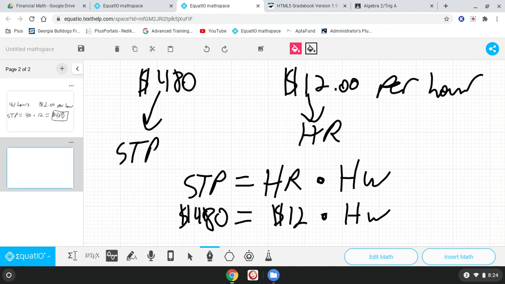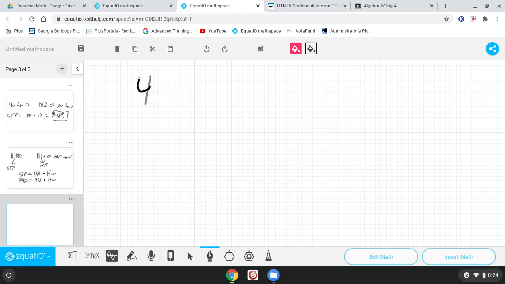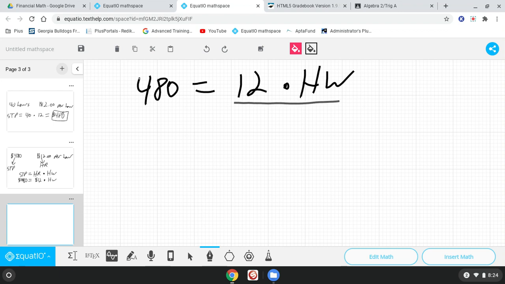So here's what we're going to have to do to solve it. This is pretty easy to solve. If we want to find what HW is, all we do is divide both sides by 12. That'll equal 40.